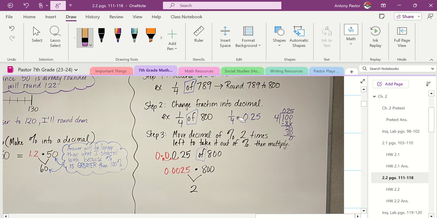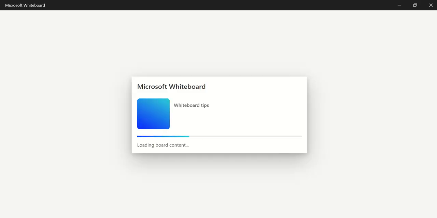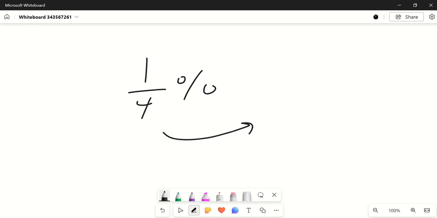So 1/4 becomes 0.25, as we know. And since this is the percentage it's asking, let me rewrite this really quickly. The percentage is being written as a fraction, which is interesting. It's asking for 1/4%. Another way to write that would be 0.25%. It's not asking for 25%. It's asking for 1/4 of a percent.